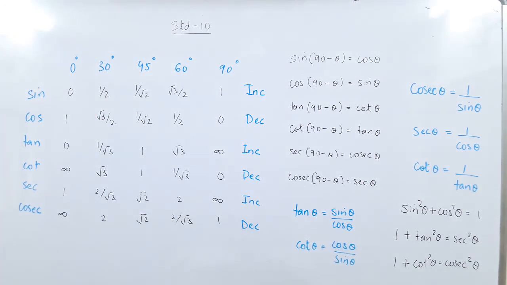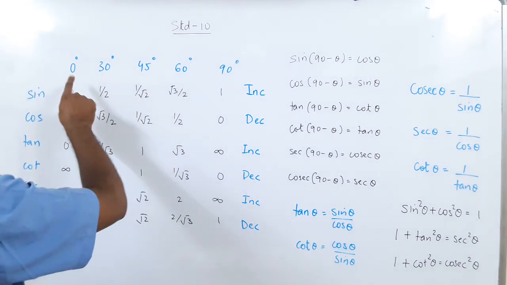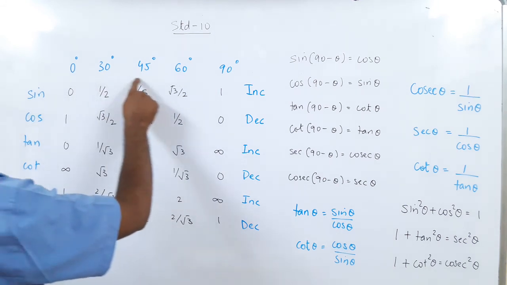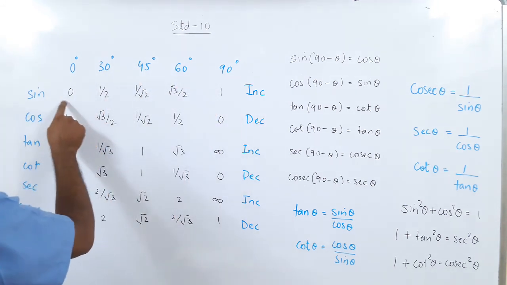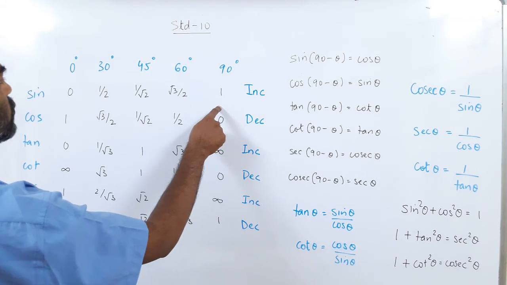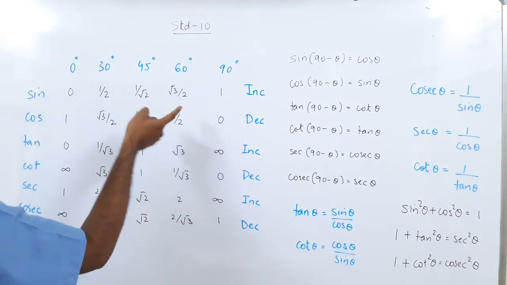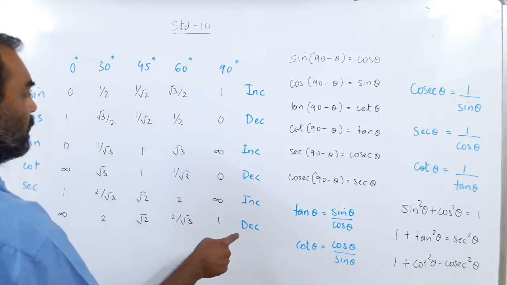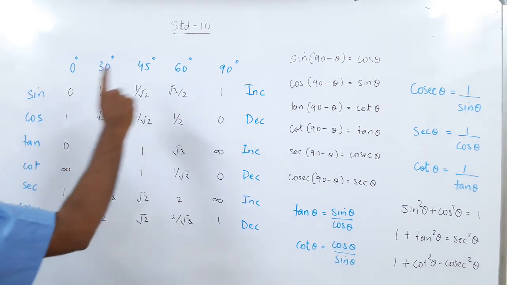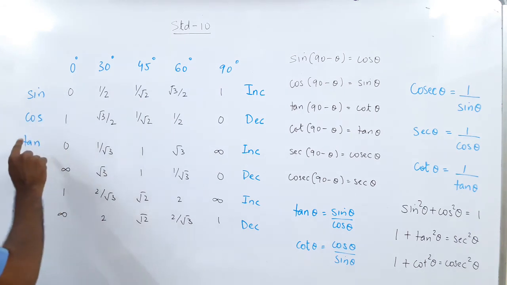What does increasing mean? As the value of the angle increases, the value of the sine increases. So bigger the angle, bigger the value; smaller the angle, smaller the value. For the decreasing, it's the opposite: bigger the angle, smaller the value.